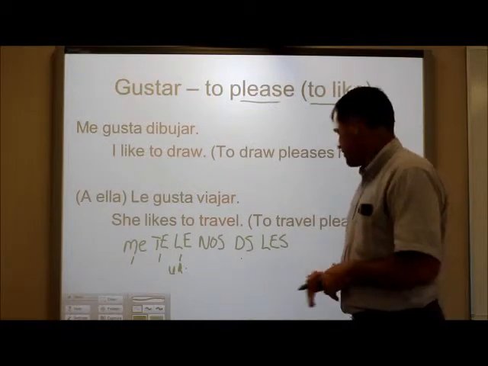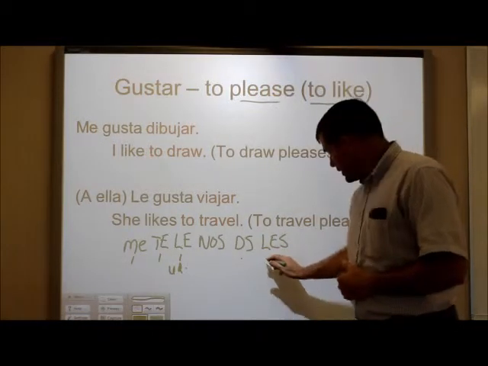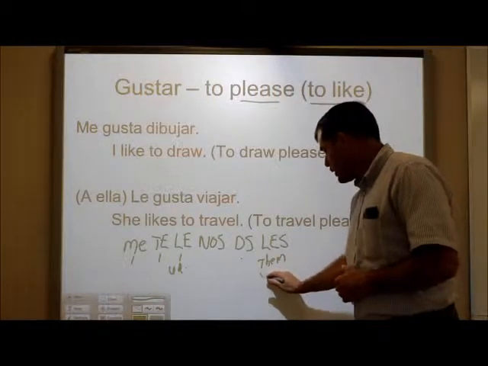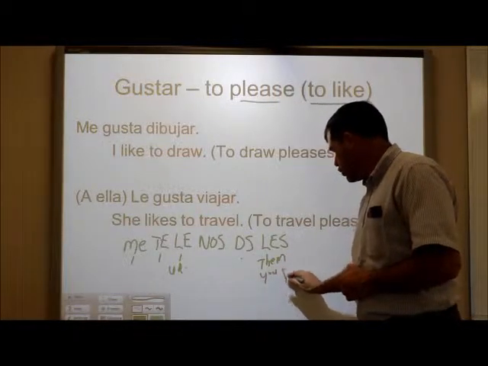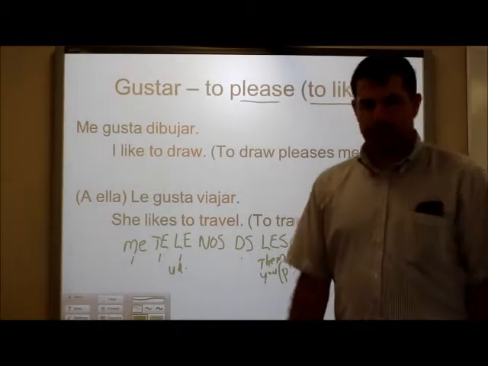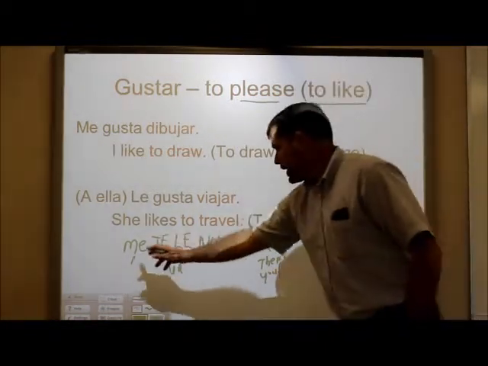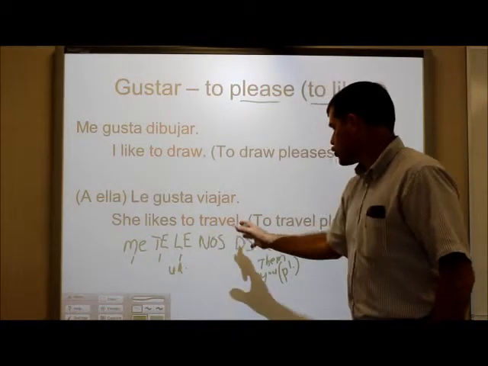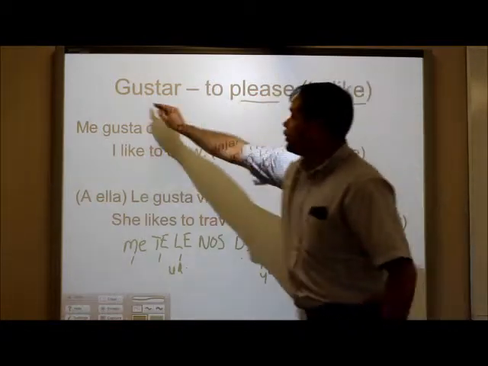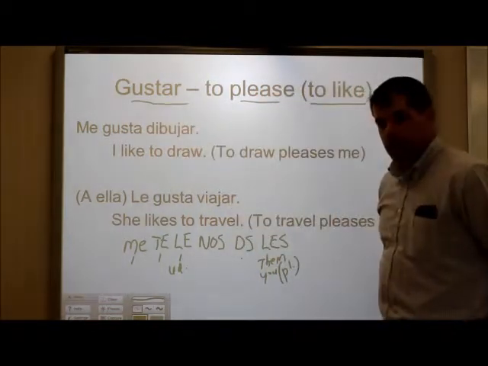And les can again mean either them or again can mean you, plural. You all, you guys. Alright? Me, te, le, nos, os, and les. And these are the pronouns that we use with the verb gustar.